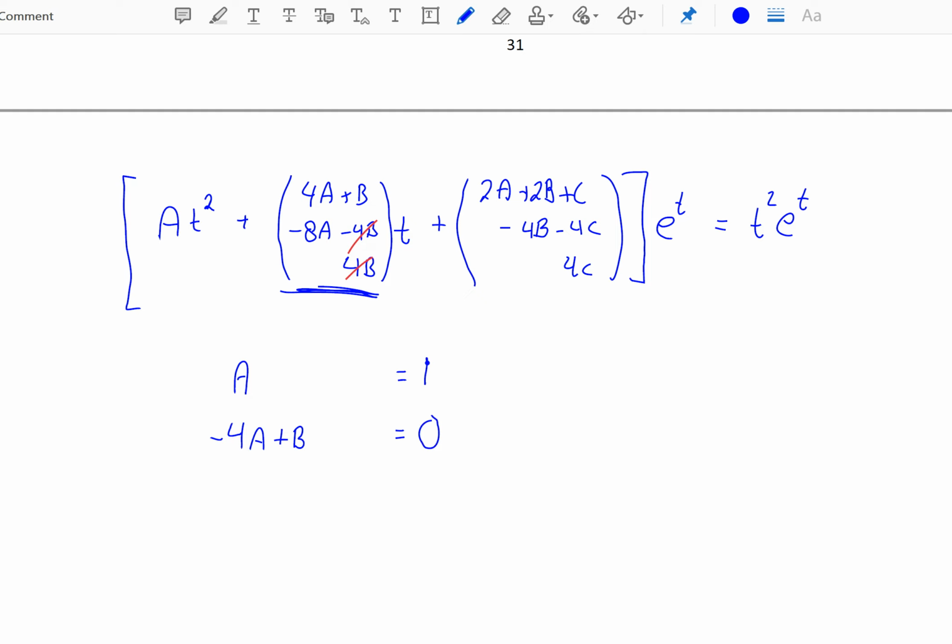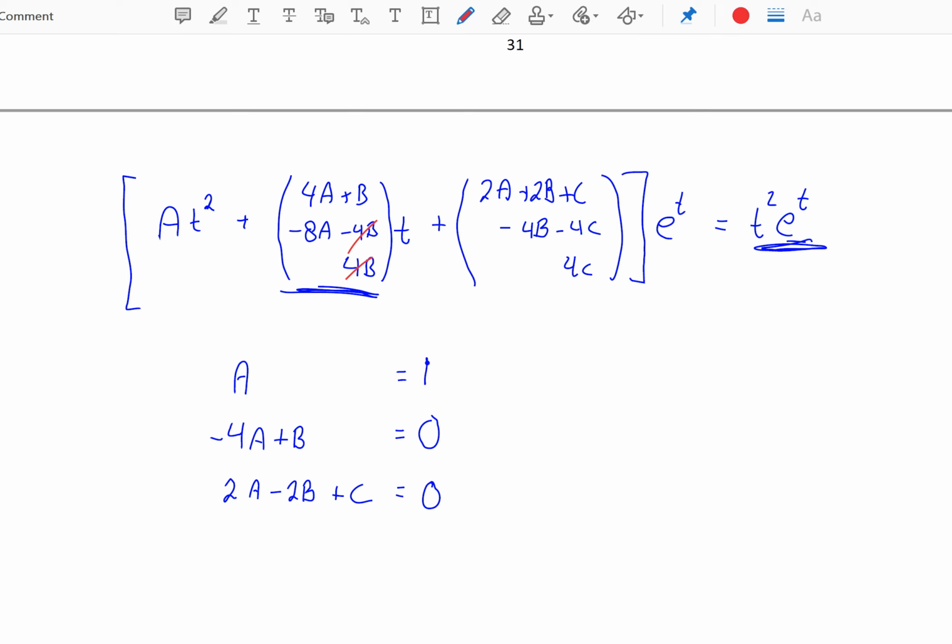And now if you combine your constant terms, I think we have a 2a. Combine your b terms, it'll be minus 2b. Combine your c terms. This all has to equal the constant term on the right-hand side, which there isn't one. So 0.